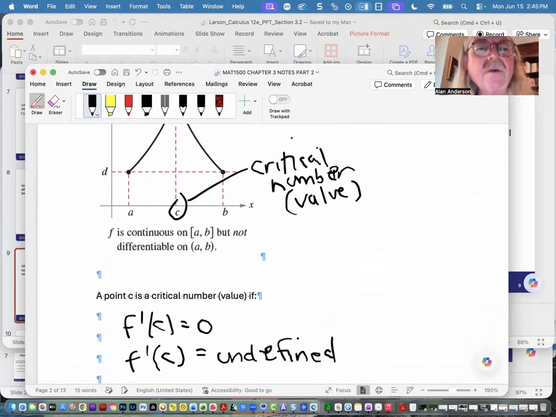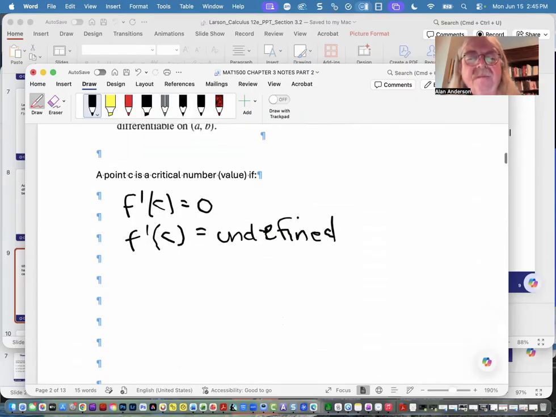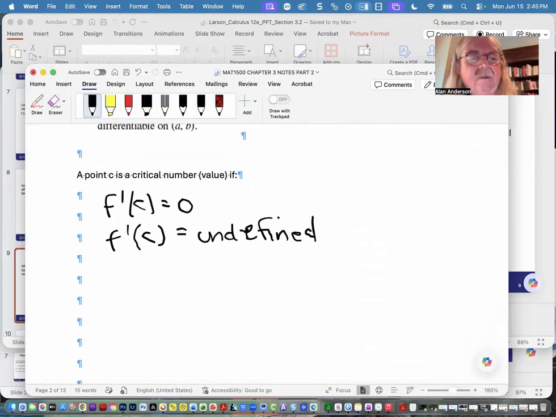Okay, so either way, we still get a critical number. And that's how we identify, if you remember, our points that are either relative maxima or relative minima. So what Rolle is basically saying is that under these circumstances, you're guaranteed that one exists in that interval.